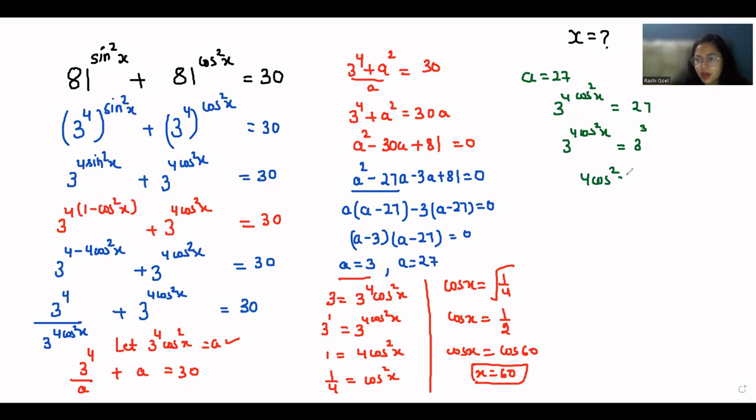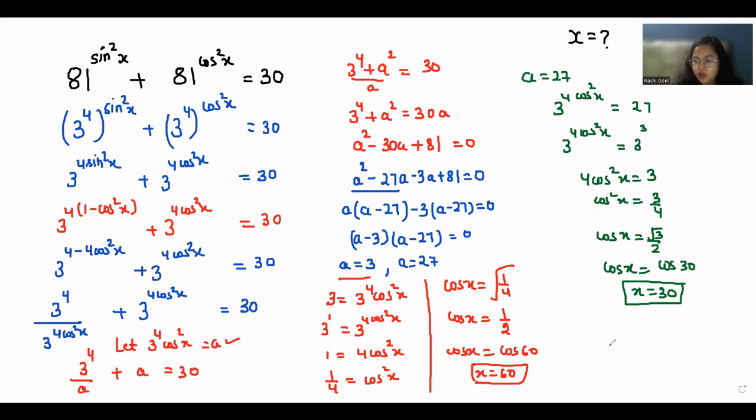So 4 cos square x is equal to 3, and cos square x is equal to 3 by 4, and cos x is equal to root 3 by 2. So cos x is equal to cos 30, and the value of x is 30 in this case.